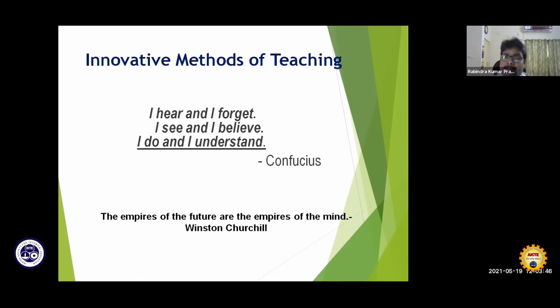But the real impact of teaching is seen when it is practiced, when it is active. So when you talk about active learning, the learning should be full of actions and involvement.